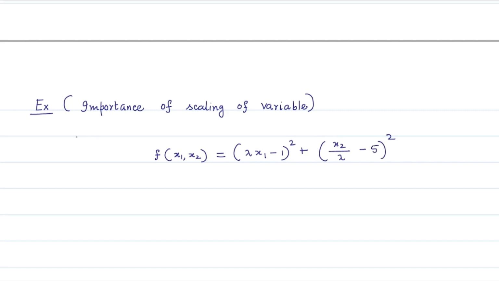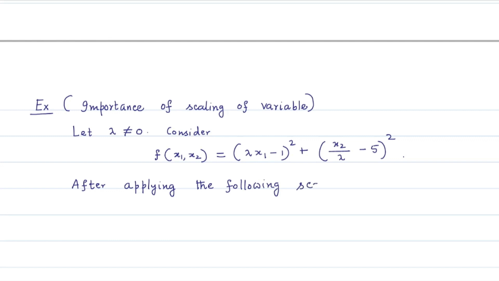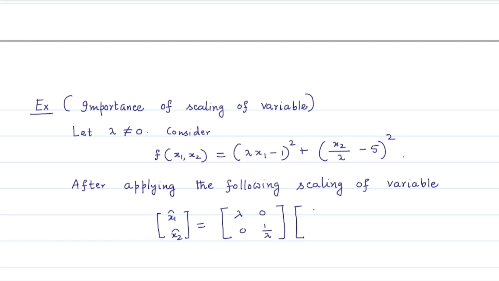Here we are assuming that this scalar lambda is a non-zero quantity, and we consider this expression after applying a scaling of variables, x1 hat, x2 hat, given by this 2 by 2 invertible matrix times the variables x1, x2.